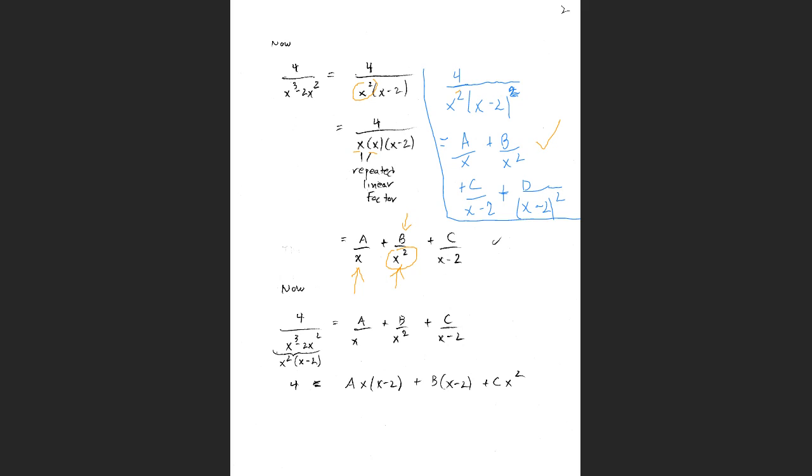Okay, well, so naturally, we want to now solve for those constants A, B, and C. So I'm going to multiply both sides of that rational equation by the least common denominator, which is x squared times x minus 2.